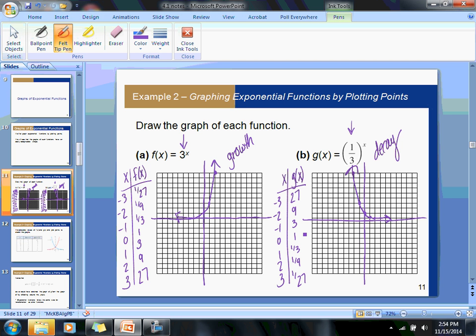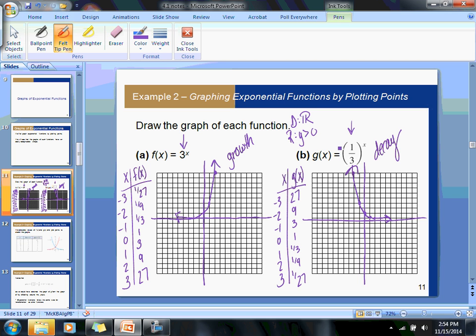The domain for both of these is going to be all real numbers. The range for both of these is going to be everything greater than y equals 0, or all the y is greater than 0. And you can have growth and decay functions that are in the third and the fourth quadrants.